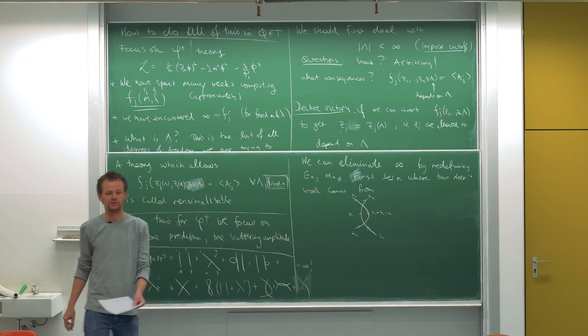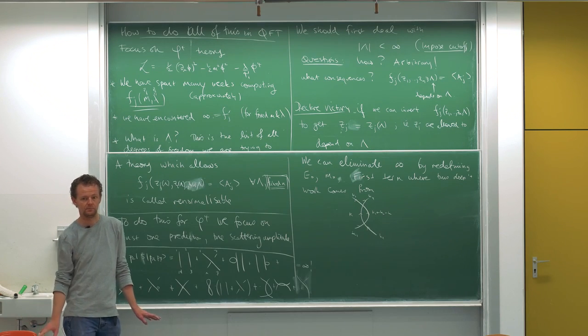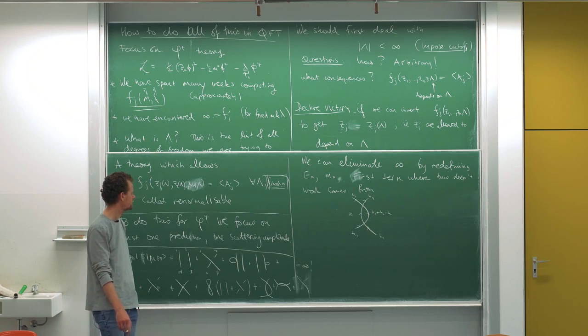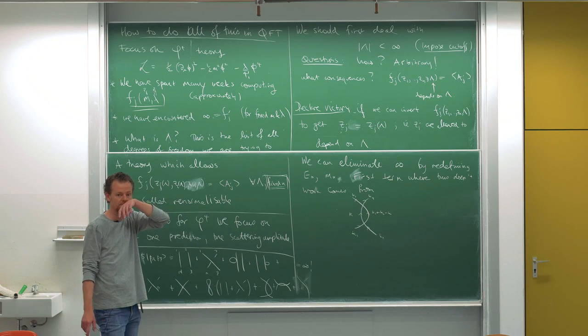So that's the diagram, which is just an integral which evaluates immediately to infinity. And we cannot get rid of it by a simple redefinition of these two parameters here, E naught and M naught. That's a real honest-to-goodness infinity.